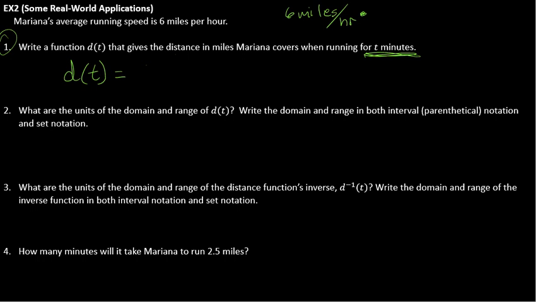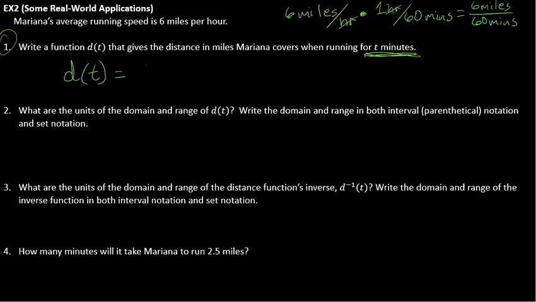But 6 miles per hour times 1 hour per 60 minutes. Your hours are going to quote unquote cancel, and you're left with 6 miles per 60 minutes.